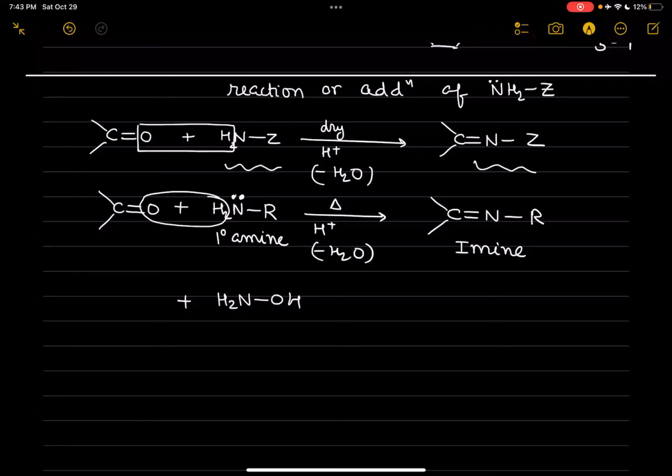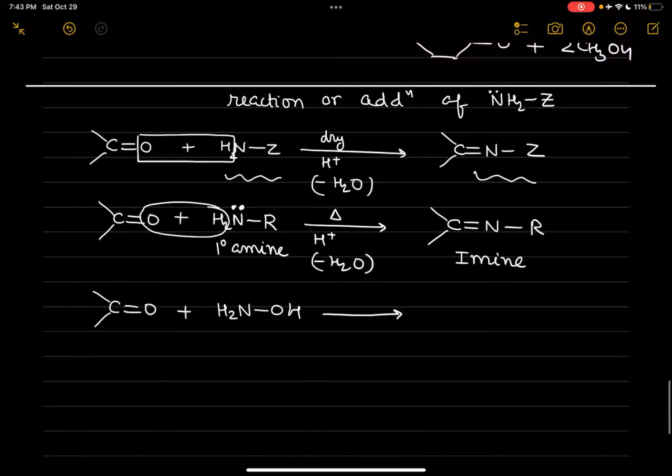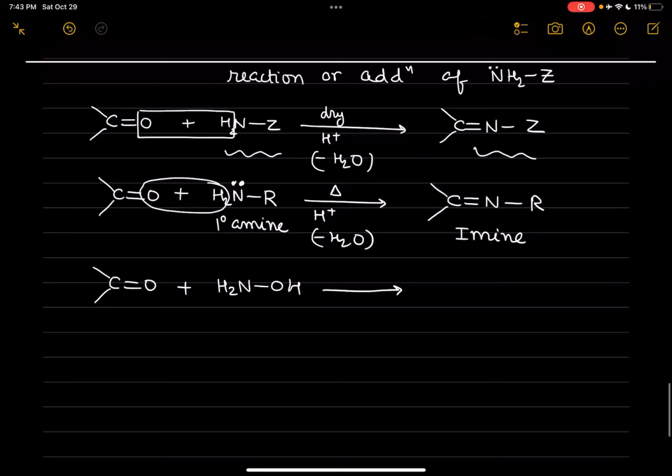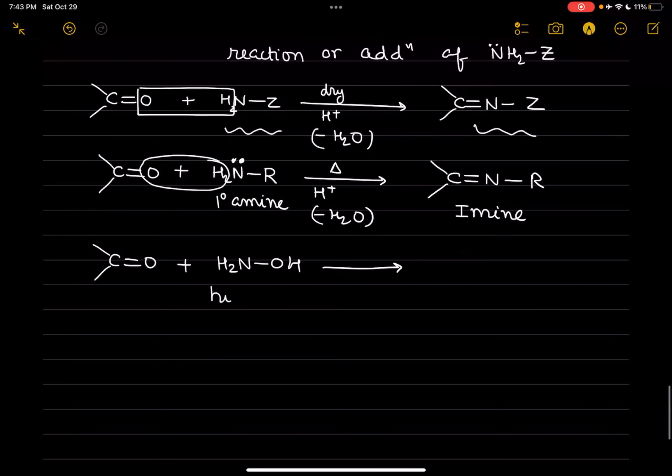What's the name of this reactant? This is hydroxylamine.